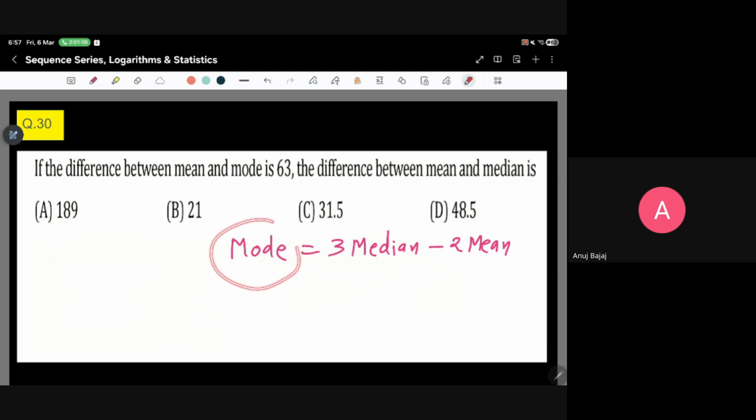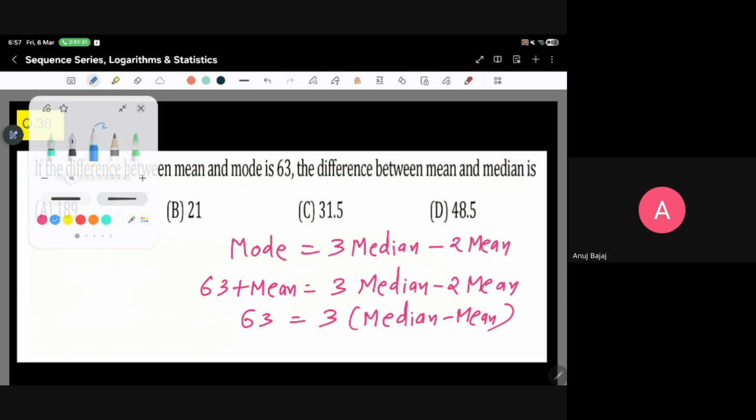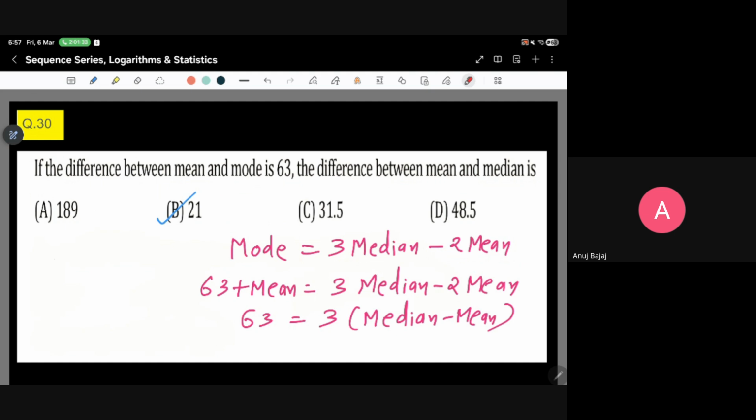So we have to remove this mode. So mode is 63 plus mean. So 63 will be equal to 3 times median minus mean. Yes. Any doubt here in this?